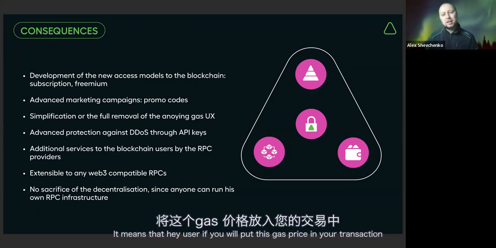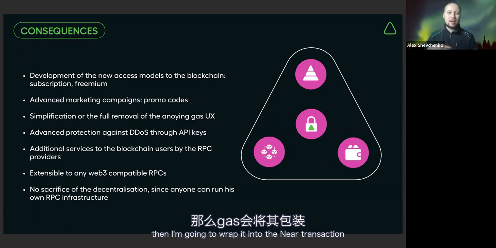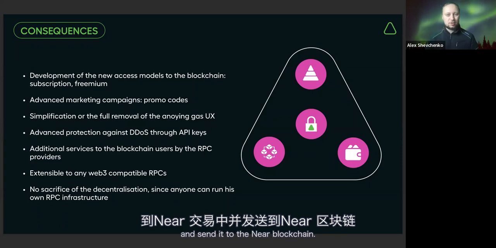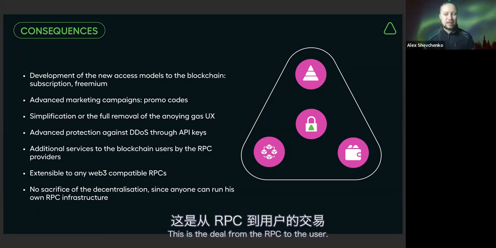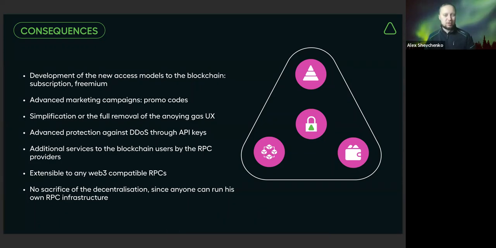It means that, hey user, if you put this gas price in your transaction, then I'm going to wrap it into the NEAR transaction and send it to the NEAR blockchain. So the gas price that is presented by the RPC is the contract to the user. This is the deal from the RPC to the user.